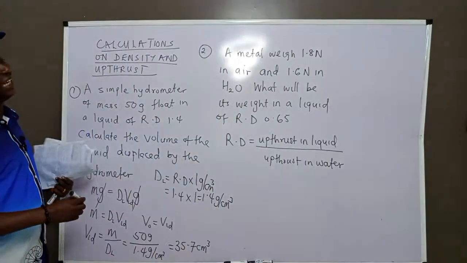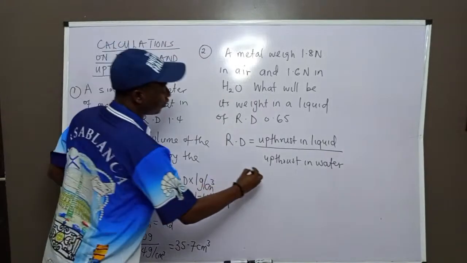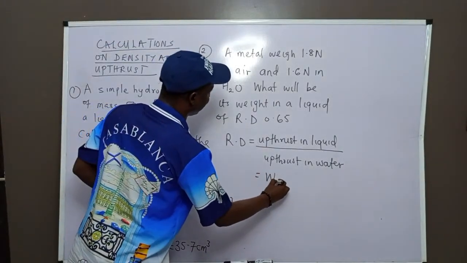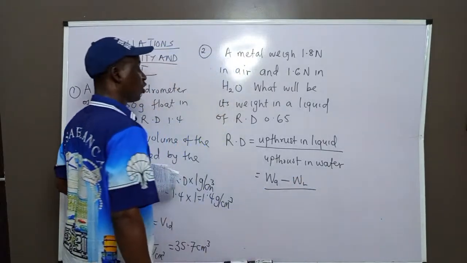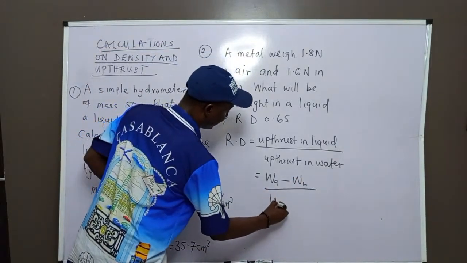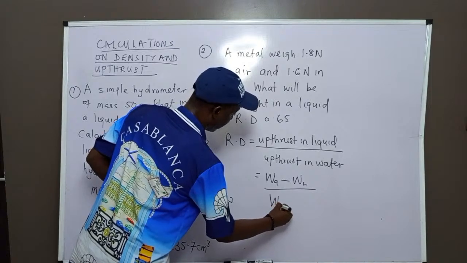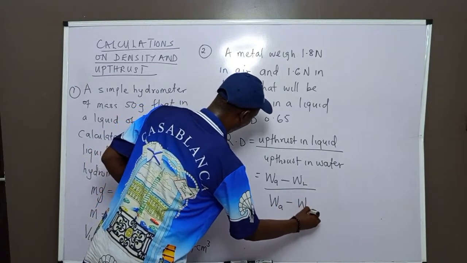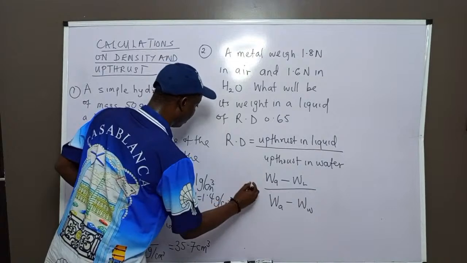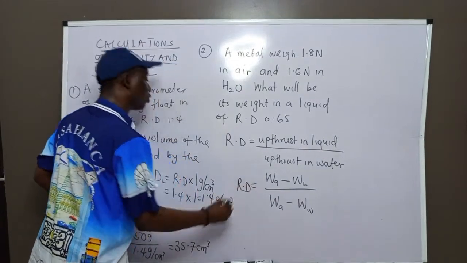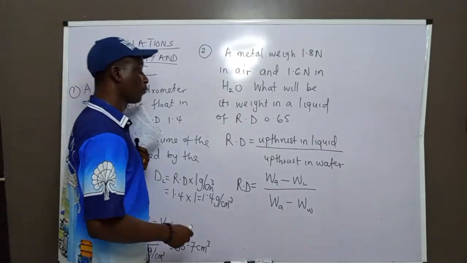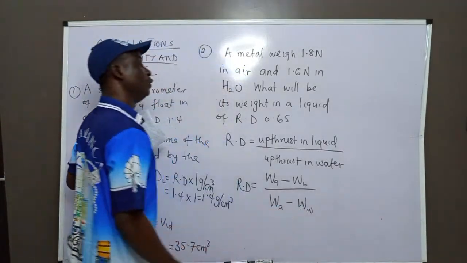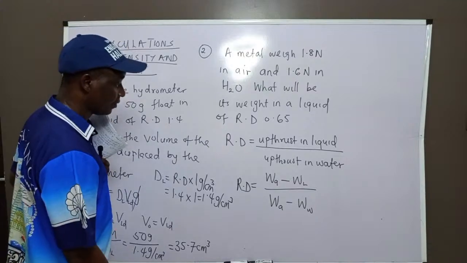Now, upthrust in liquid is equal to what? Weight in air minus weight in liquid. What is upthrust in water? Weight in air minus weight in water. Relative density equals the ratio of the two. Now, don't forget that weight in water is the weight of the body when immersed in water.